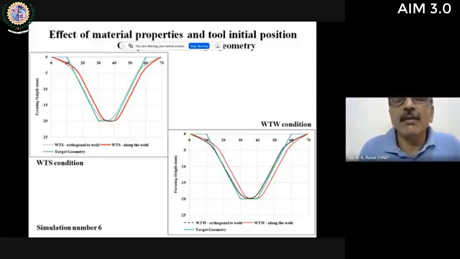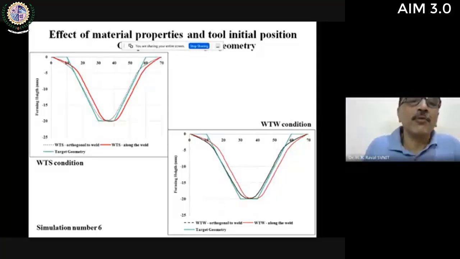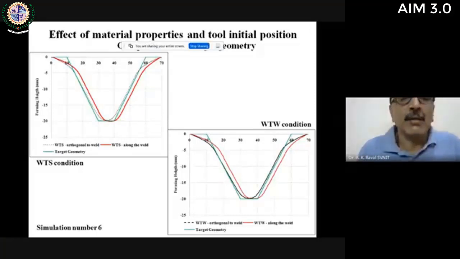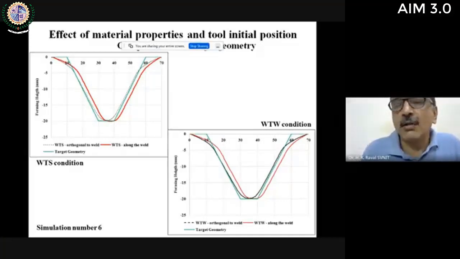So that gives you useful information that the tool starting point governs not only the weld line shift, but also the shape accuracy.